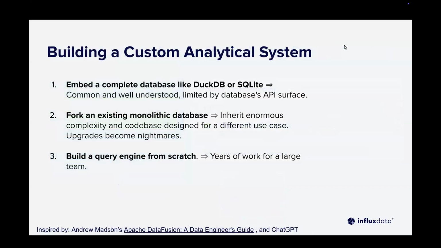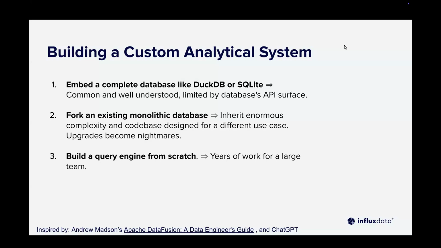I actually really like this example from someone: if you want to build a custom data system, what are your options? Your first option is you embed an entire system, or you use a system like DuckDB or SQLite. Those are actually great, and there are lots of examples where that works really well, but you're more or less restricted to what the API surface already is.